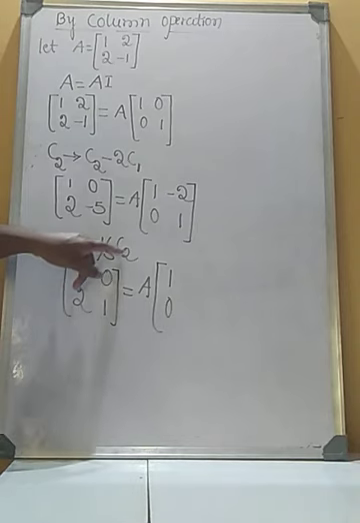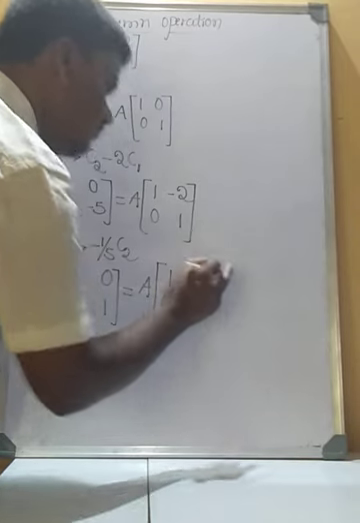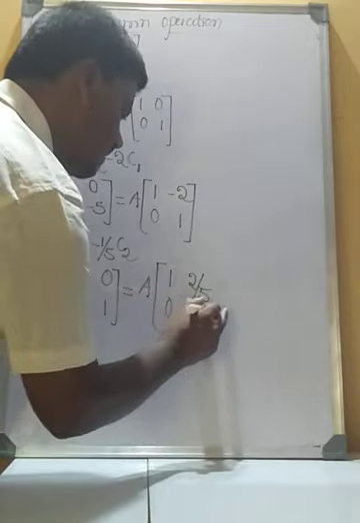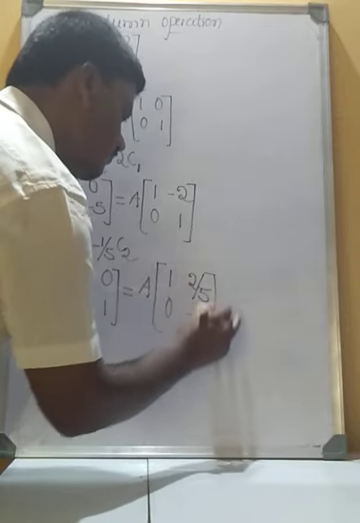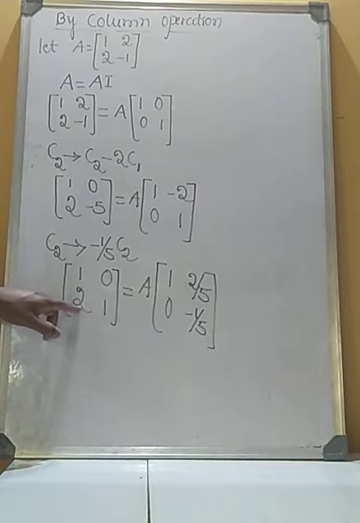Minus 1 by 5 into minus 2 becomes plus 2 by 5. Minus 1 by 5 into 1 becomes minus 1 by 5. Next, the first column, second element has to become 0.